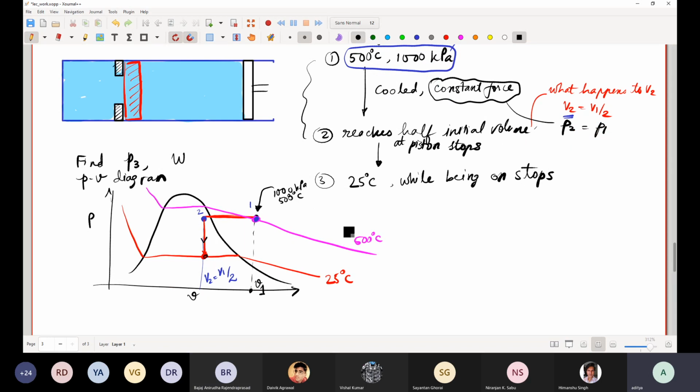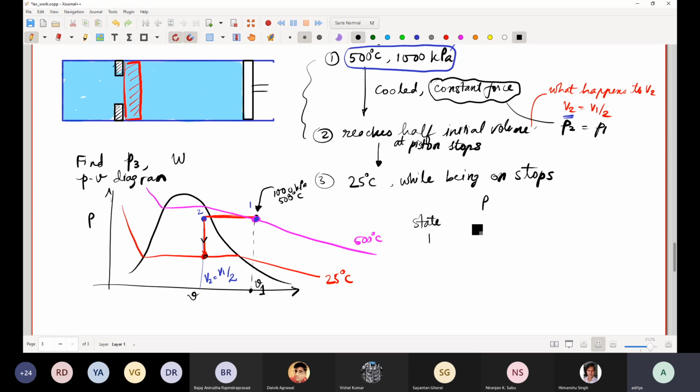So now let us try to find out all the different states. Okay, let's try to do it a bit more organized. State 1.